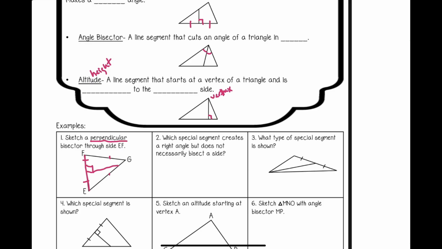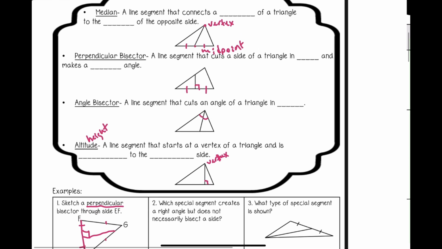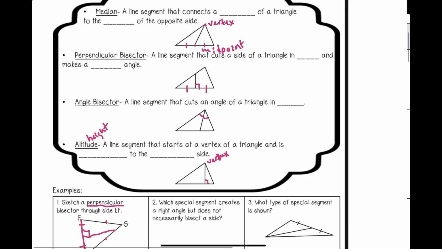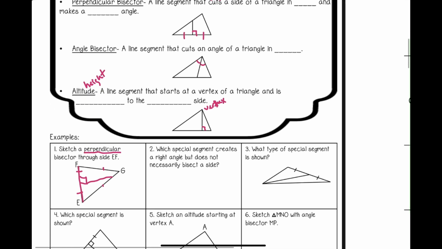All right, which special segment creates a right angle but does not necessarily bisect a side? So which one of these four up here has a right angle and doesn't bisect a side? It may, but it doesn't always. So there's only two that have right angles. Which one doesn't bisect the other side? What type of special segment is shown?